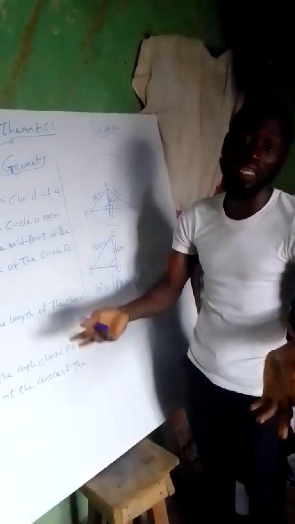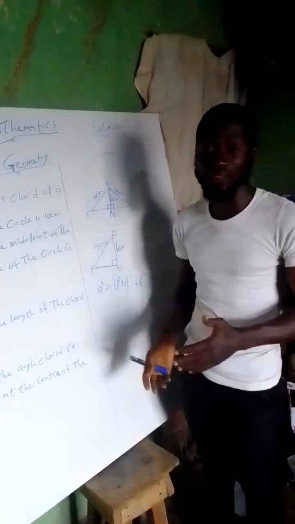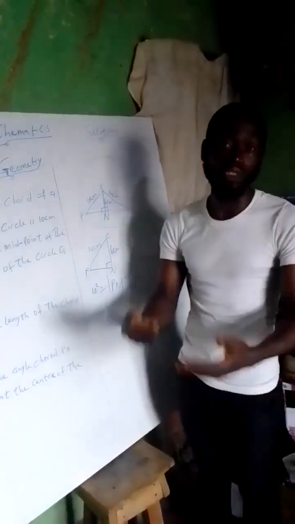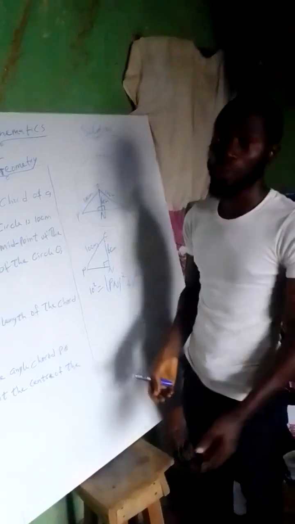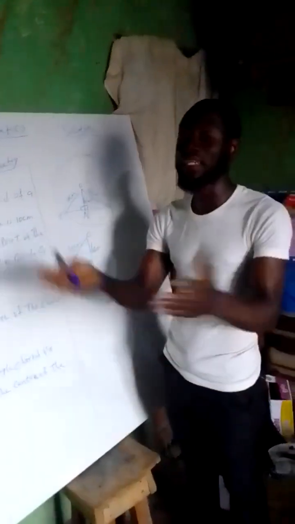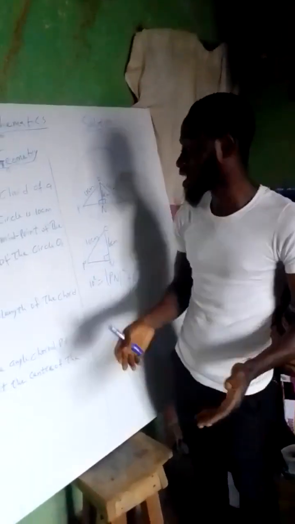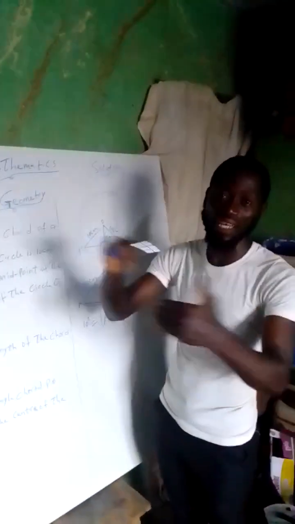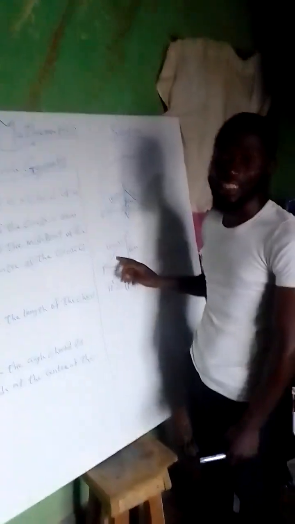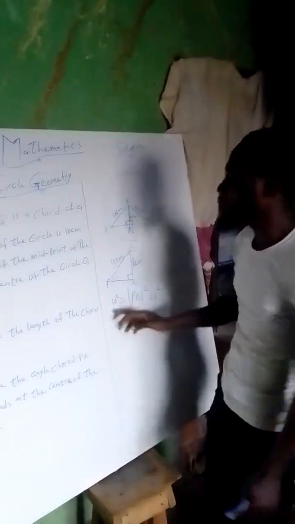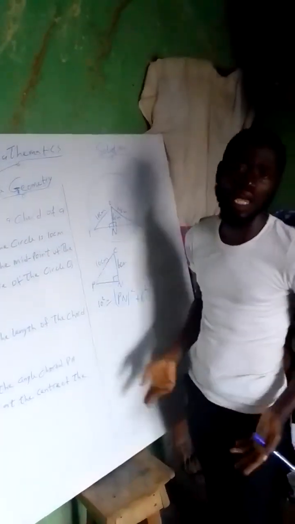Some teachers will define this as the longest side of a triangle. Now, I'm not saying it's not correct. It is correct. But at times, some students find it difficult to identify the longest side of the triangle. So it's better to put it this way: the hypotenuse is the side or the line that is facing the right angle. Then some will be confused about why I am not writing hypotenuse squared equals opposite squared plus adjacent squared.